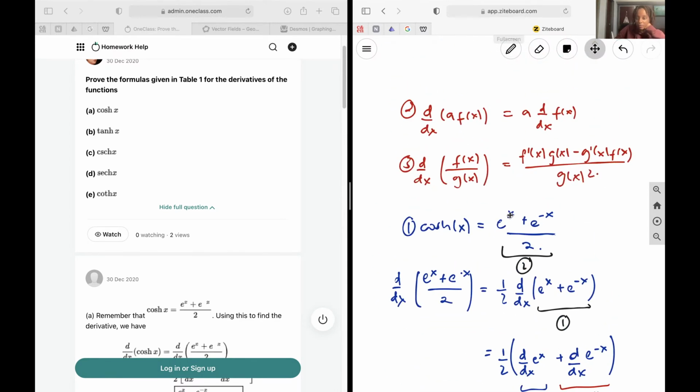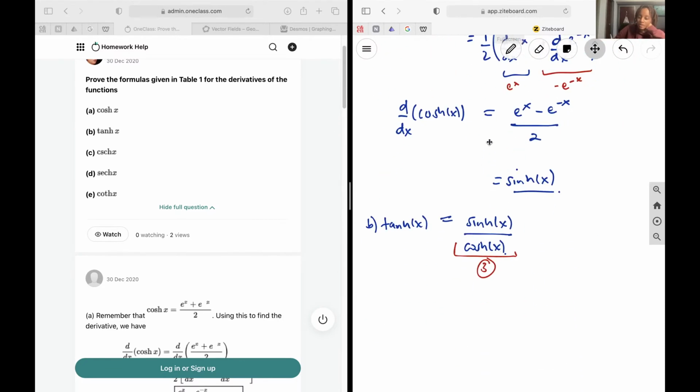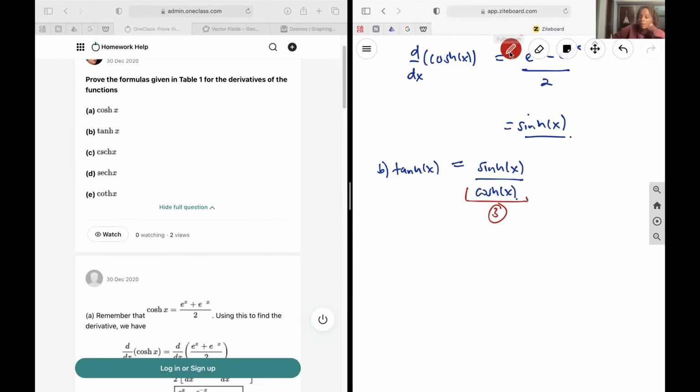So I have it listed for you up here, and we're just going to find the individual derivatives. We already know that g of x is equal to cosh x, and that the derivative of that is sinh x. Now let's go about finding the derivative of our f of x, which is sinh x.